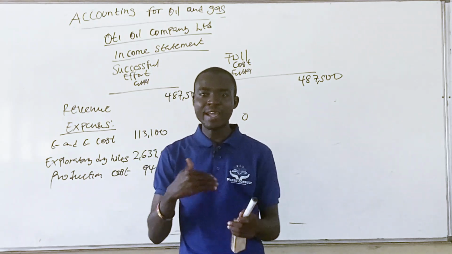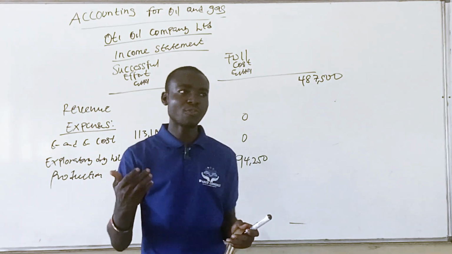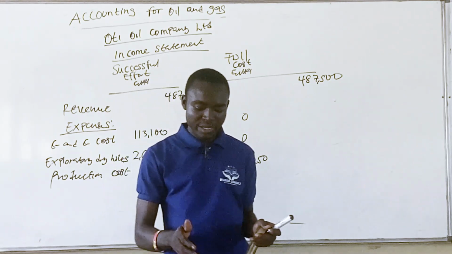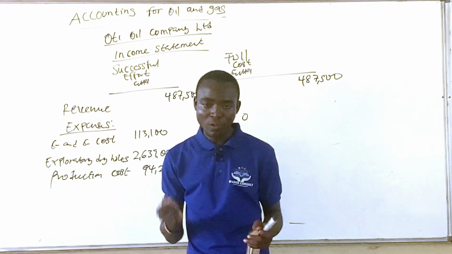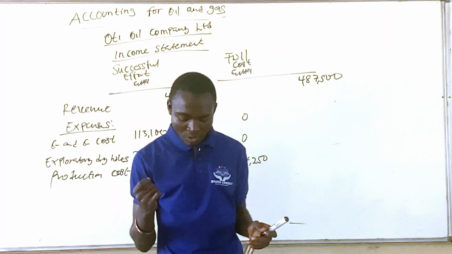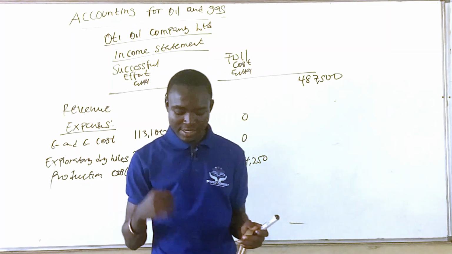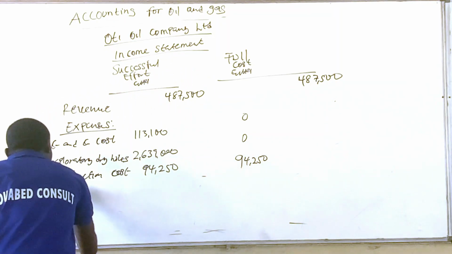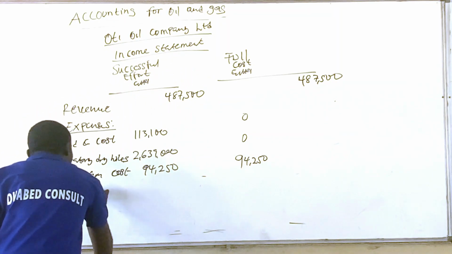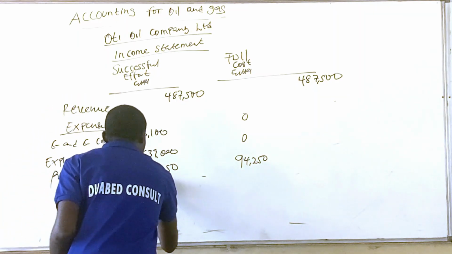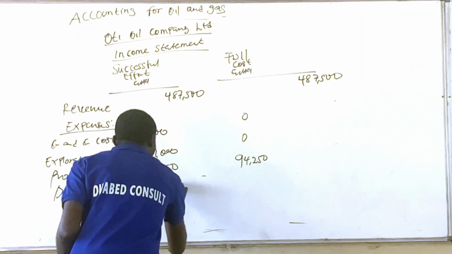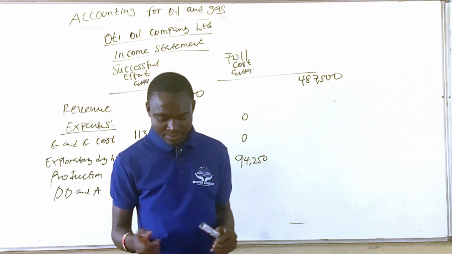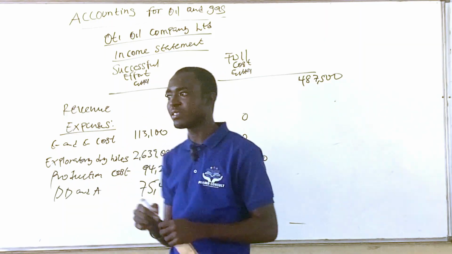The same situation applies here when we are accounting for oil and gas. The amount given for successful efforts is 75,400, and for full cost it is 169,000.